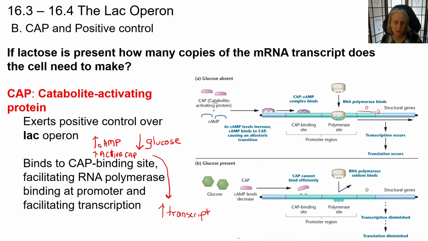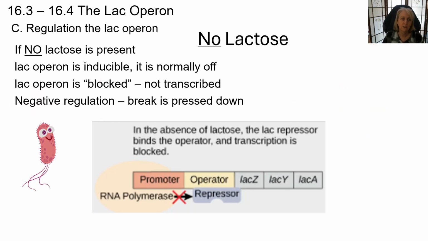And the opposite is also true. If there are high levels of glucose, there are low levels of cyclic AMP. Very few, if any, CAP molecules get activated, and so the transcription remains very, very low, which is great because we prefer glucose, as E. coli, over lactose.